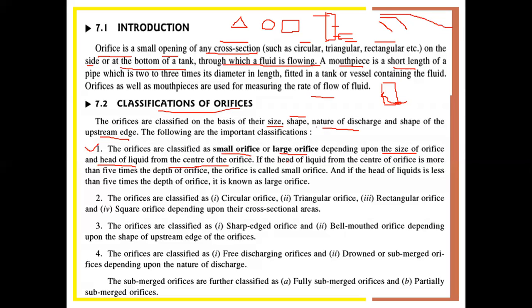If the head of the liquid from the center of the orifice is more than 5 times the depth of the orifice, then the orifice is called a small orifice.